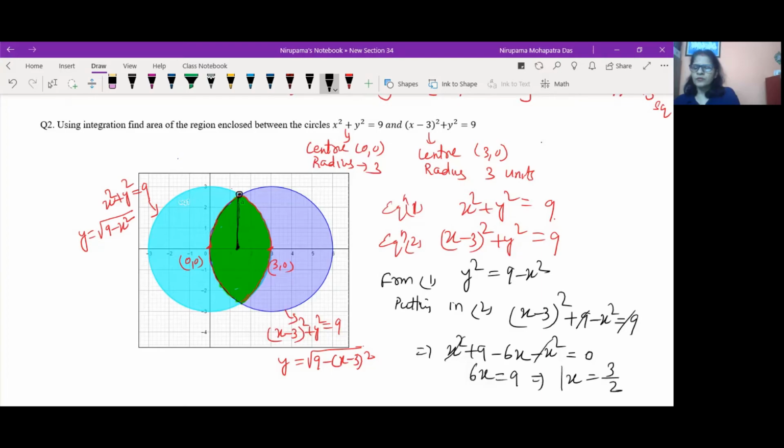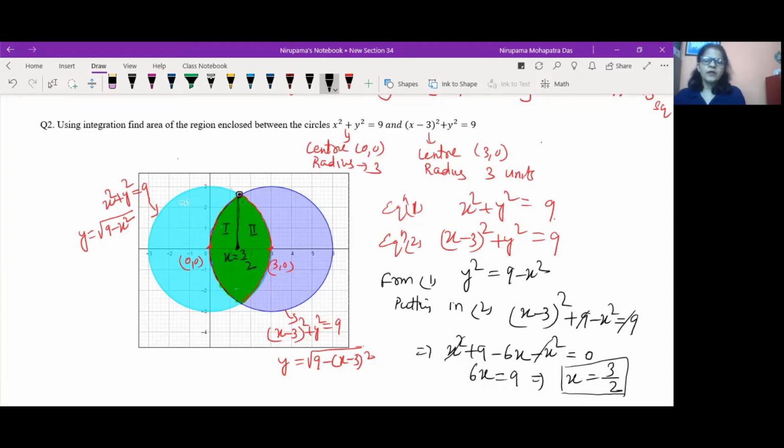As in the previous case, I have told you we are not interested in finding the value of y here, because when we are taking the integrand as a function of x, our limits of integration will be x from a to b. So we are interested in finding the values of x only. Now this point is x equal to 3 by 2. Now you can see the first part and second part.